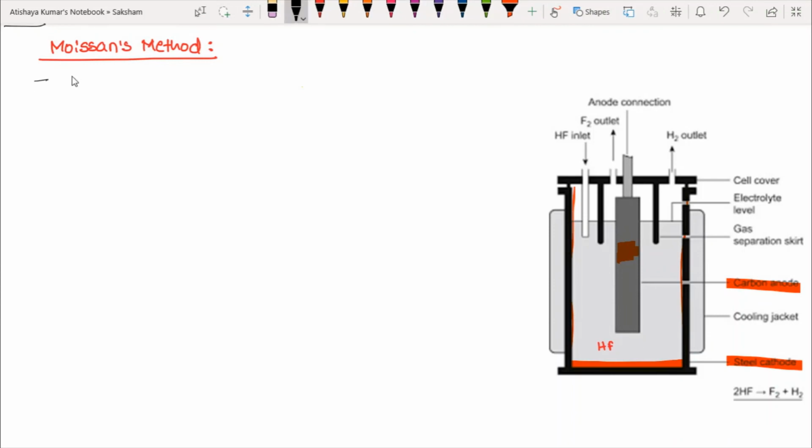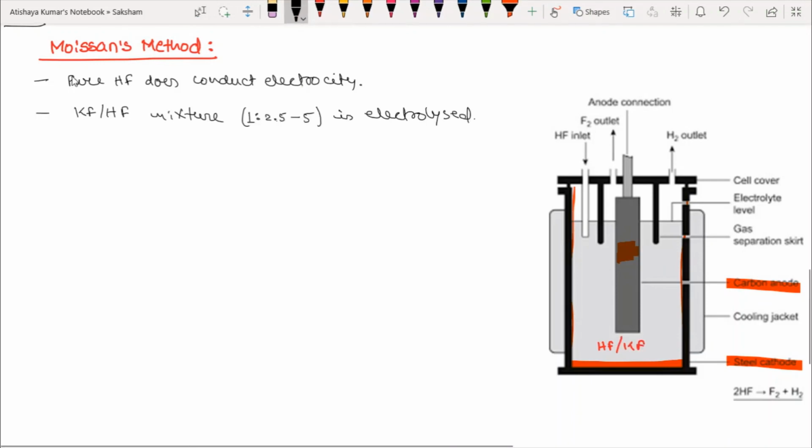But since HF does not conduct electricity, some KF is also mixed to increase the conductivity of the electrolyte. The KF-HF mixture is generally mixed in the ratio of 1:2.5 to 1:5. In this reaction, HF is electrolyzed to form H2 gas.